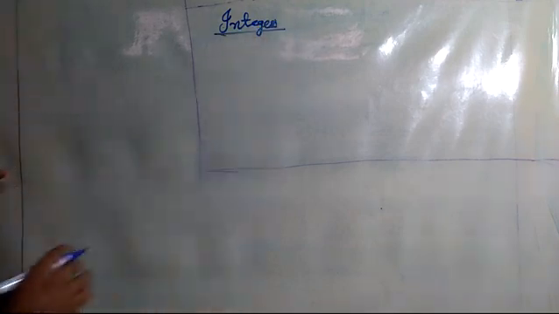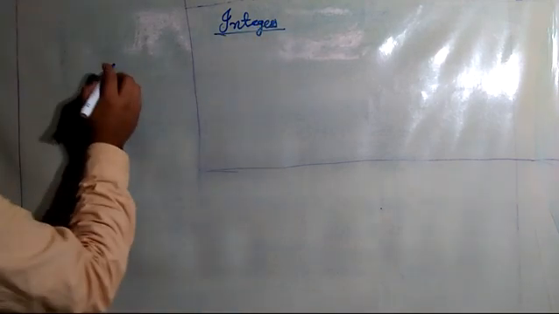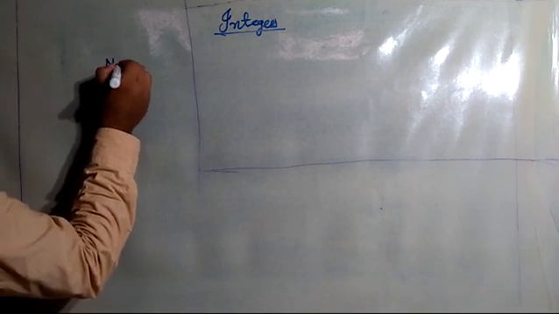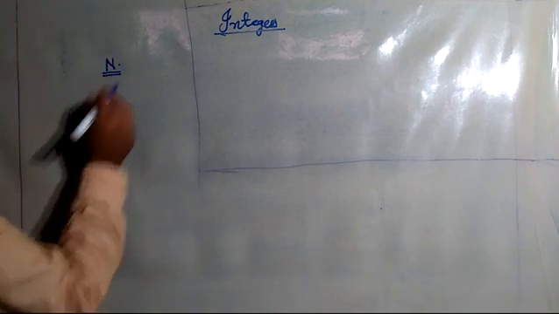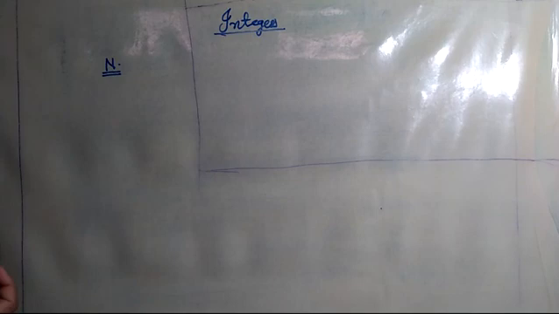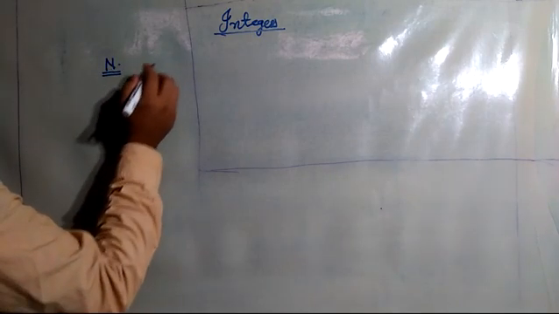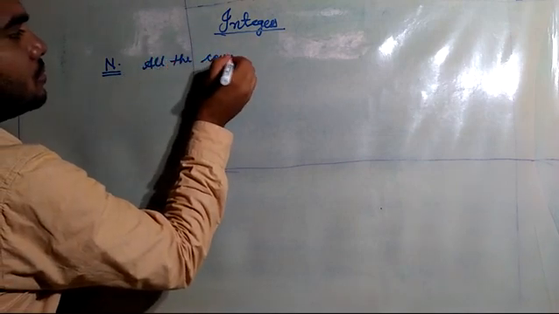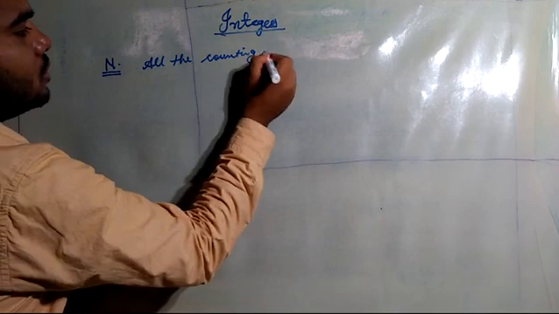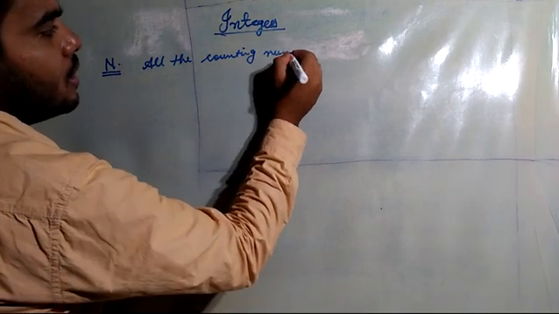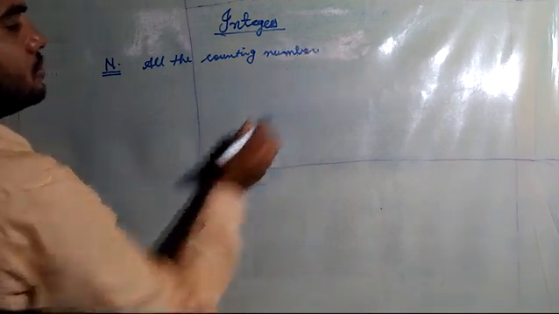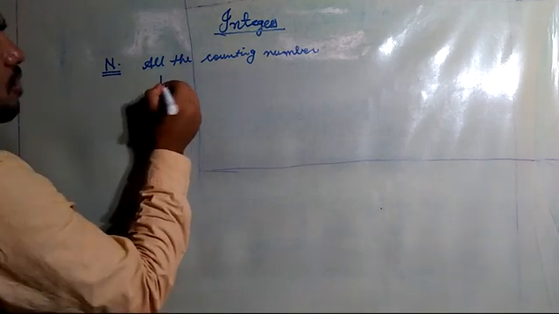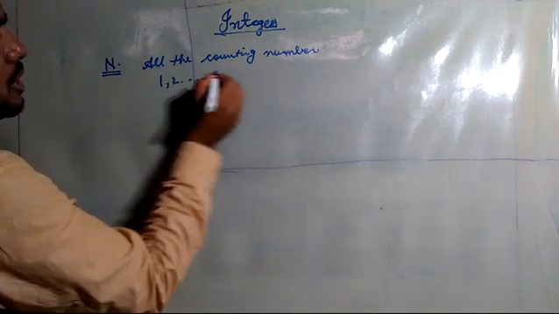So, what is an integer? First of all, let me tell you about natural numbers, which I have already discussed in the first lecture of rational numbers. Natural numbers means all the counting numbers, that means it starts from 1, 2, 3 and goes up to infinity.